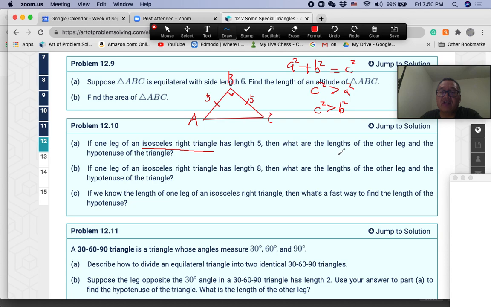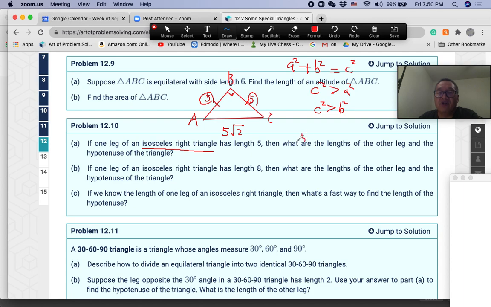Then they ask what the other leg and the hypotenuse are. So the other leg is definitely also 5, right? Then the hypotenuse will be 5 times root 2.